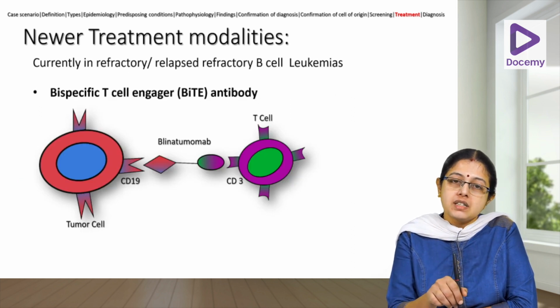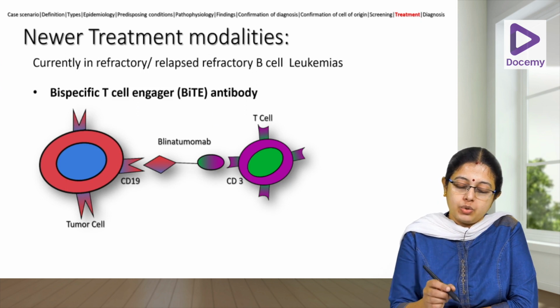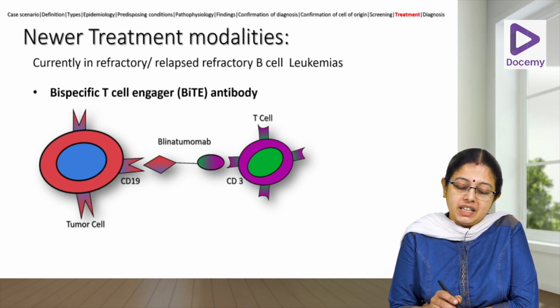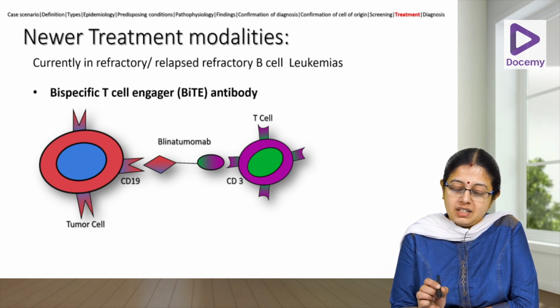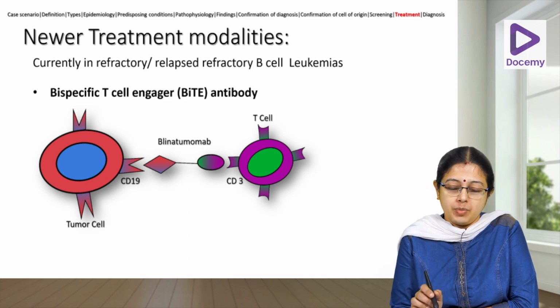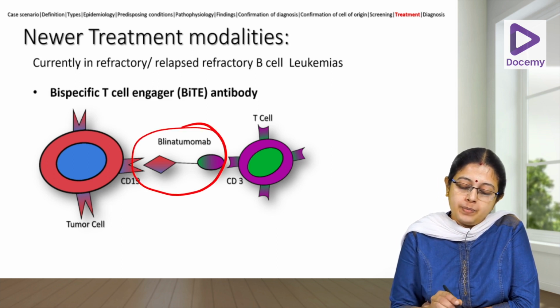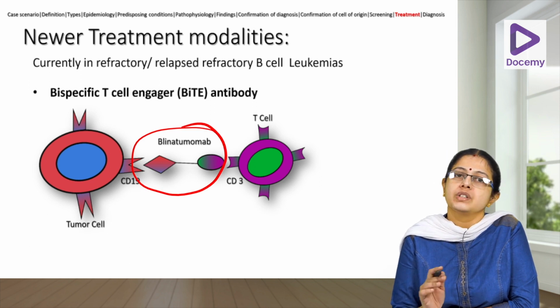Again, this is also an antibody which on one side has a molecule which will link it to the CD19 cell on the blast, and on the other side it will help the T cell of the patient by binding to the CD3 molecule on the T cells. And once this bond happens, the blinatumomab will bind the CD19 cell and the CD3 cell.